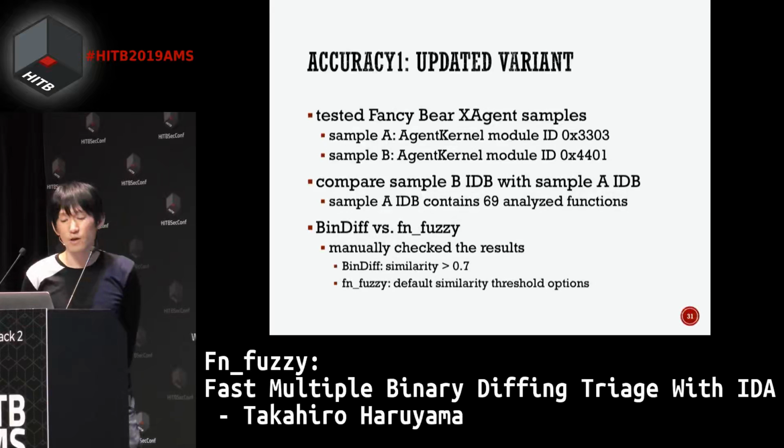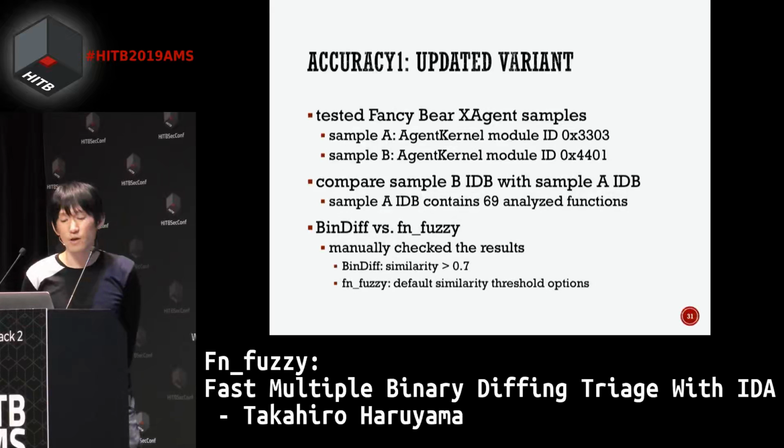So I recommend using FNFuzzy as a triage tool to narrow down the most similar and analyzed IDB to be imported before one-on-one binary diffing like BinDiff or Diaphora. The code is already published on GitHub, so please check it.